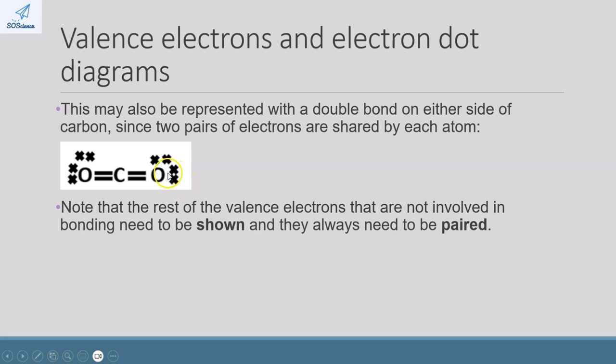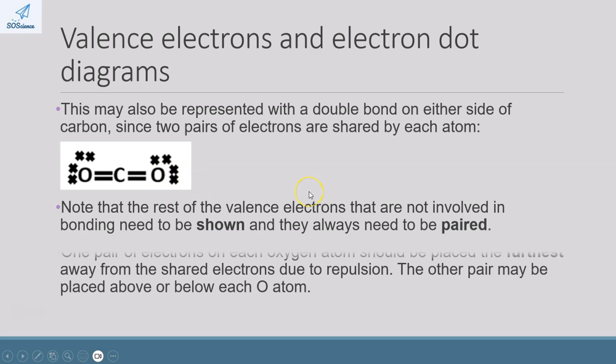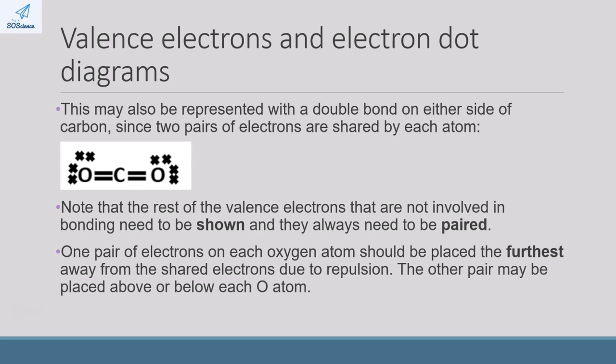Like I said previously, you should never separate them. And like I said previously, one pair should be placed as far away as possible from the bonded pair due to the strong forces of repulsion between negatively charged electrons.